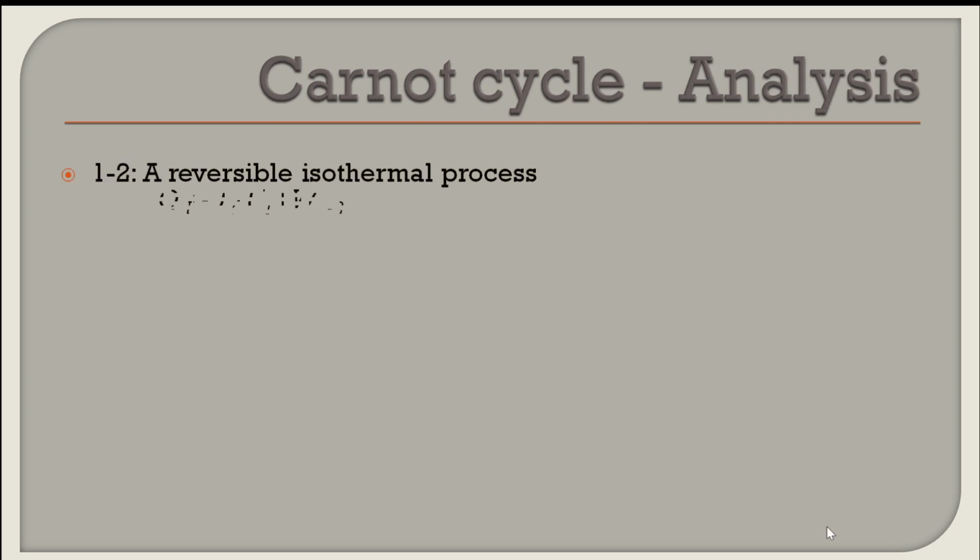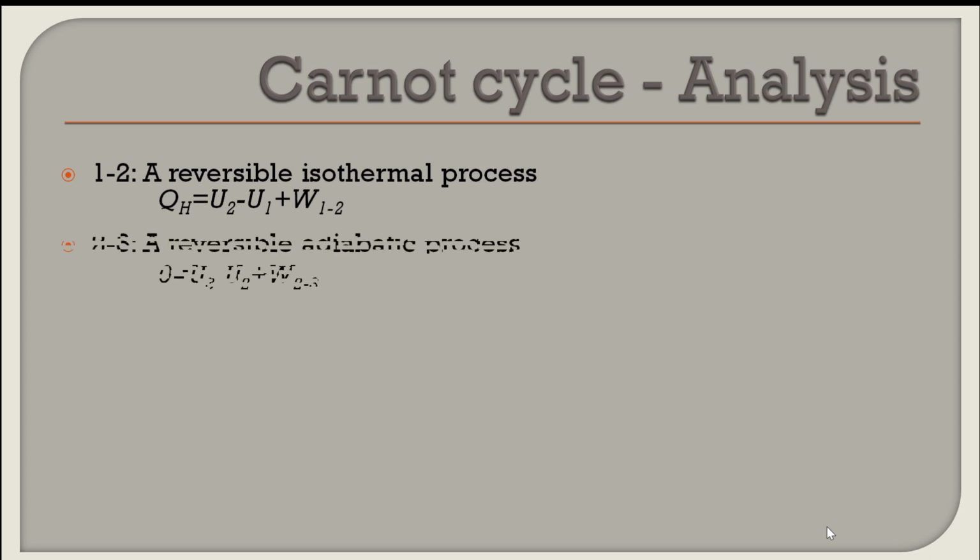So let us call that heat transfer as heat transfer at higher temperature QH instead of Q12 in order to avoid the confusion. And process 2 to 3 is reversible adiabatic process or isentropic process where heat transfer is 0. When we apply the first law, we can write 0 equal to U3 minus U2 plus W23.